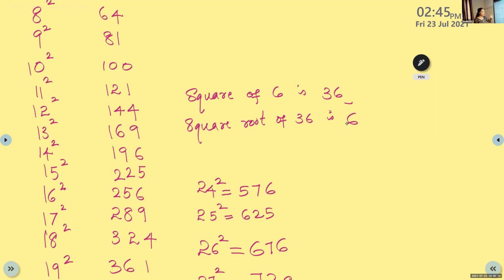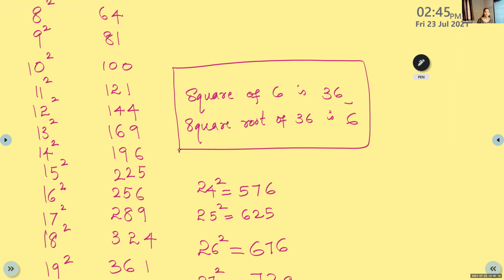So you have to learn this. That means the number which, when multiplied by itself, gives 36 is its square root. Clear? So that is squares and square roots.